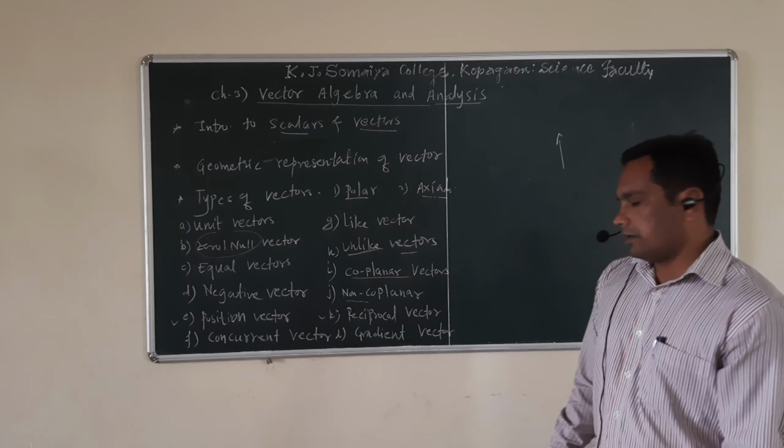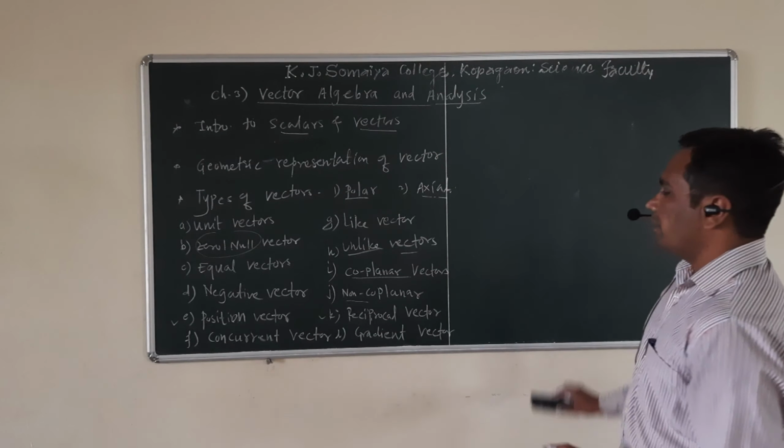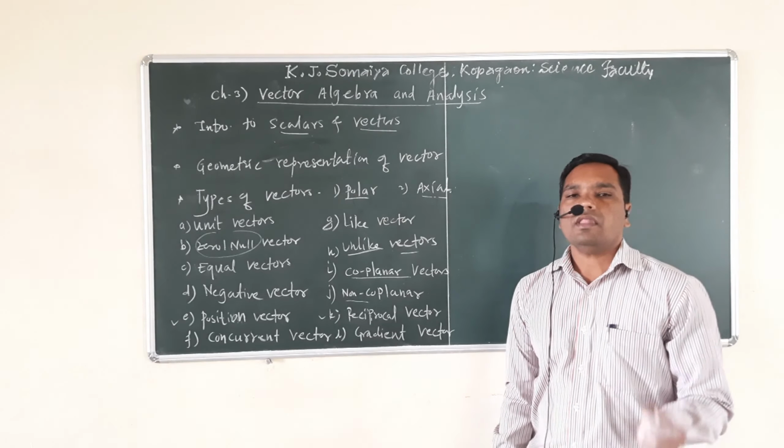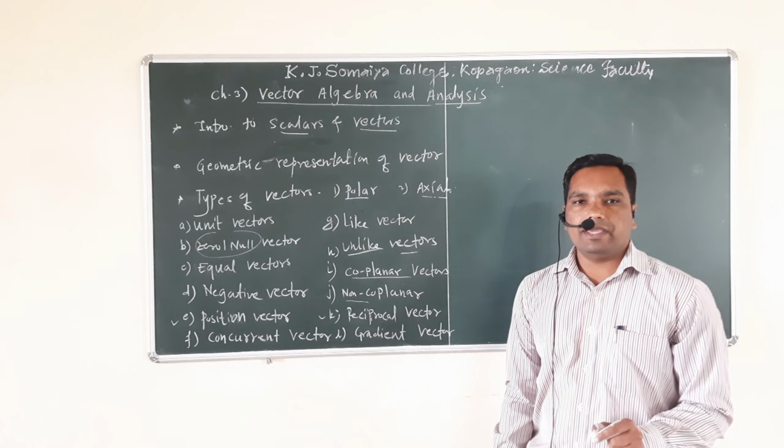Reciprocal vector. What is the definition of reciprocal vector? A reciprocal vector is the vector which has the same direction as the given vector, but its magnitude is the reciprocal of the magnitude of the given vector.